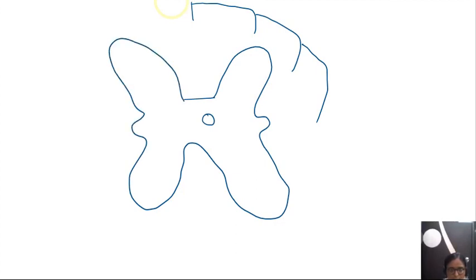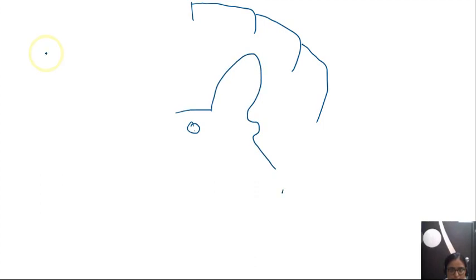It's very easy to draw. My drawing is not that good, but I tried. See, first make the spinal canal, then do like this.